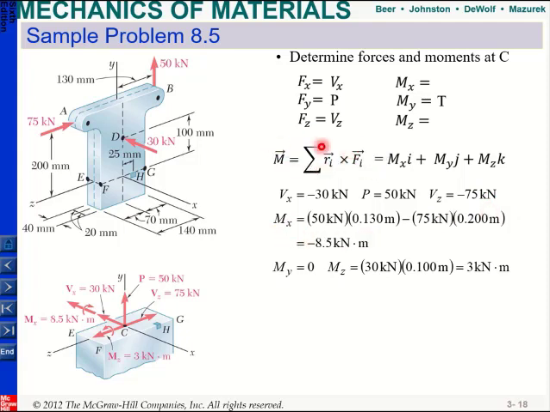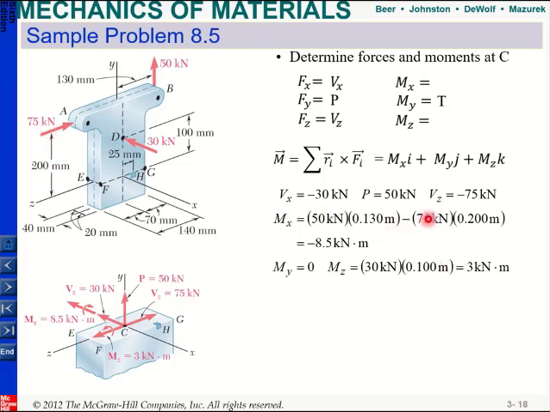Either you can use this equation, or, as I just told you, I know that this 50 creates a positive moment along the x direction, and the distance is my perpendicular distance, which is 130 times 50. This force, if you use your right hand rule, creates a negative moment along the x direction, and it's equal to 200 millimeter times 75 kilonewton.